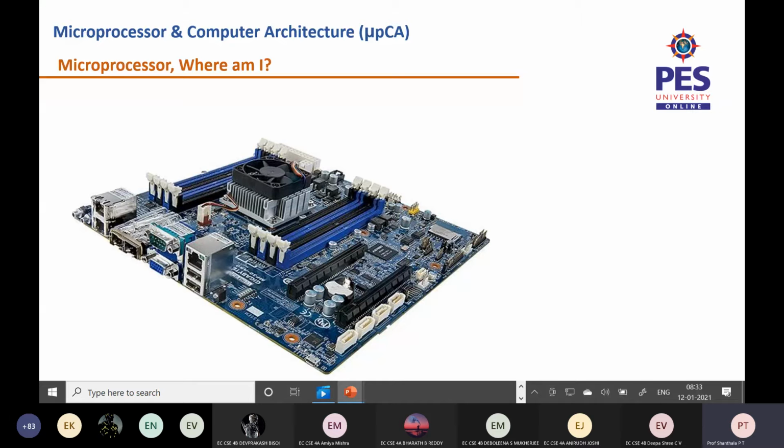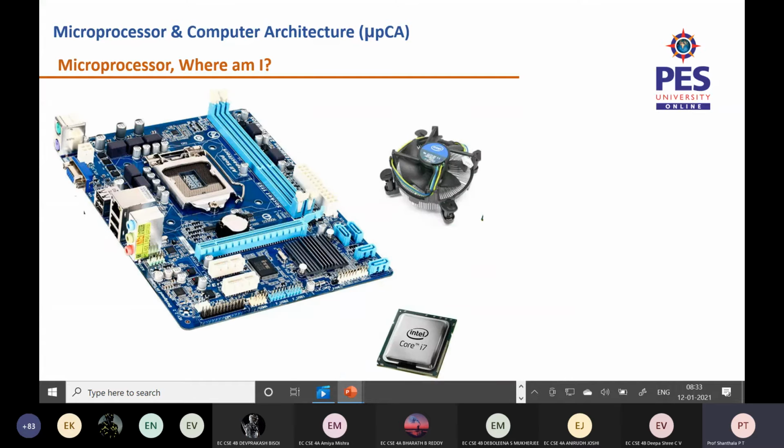So now where will we be having a microprocessor here? First we need to realize where exactly the microprocessor is present. On the motherboard, you will be knowing this. The microprocessor is below the fan or the heatsink.